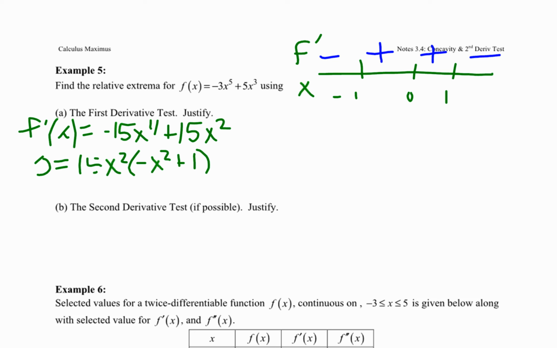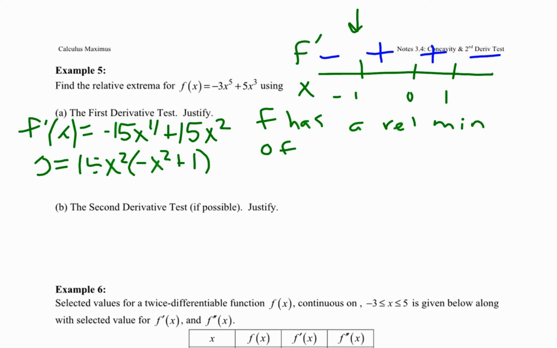Okay, so then what does that tell us about f? F has a relative min of, and now we have to plug in the values, so we have a relative minimum there at x equals negative 1.